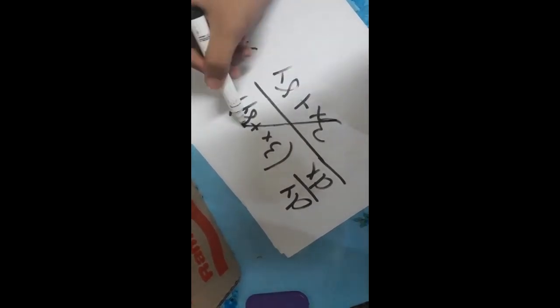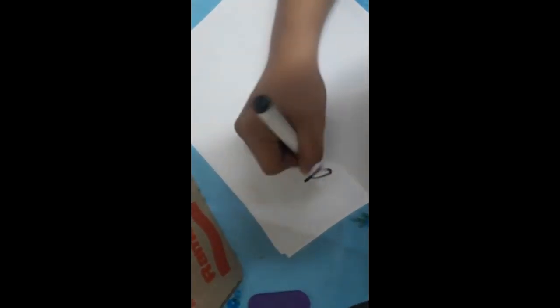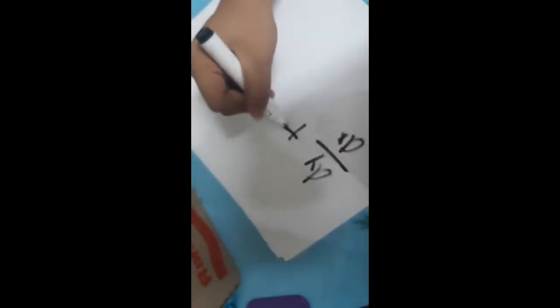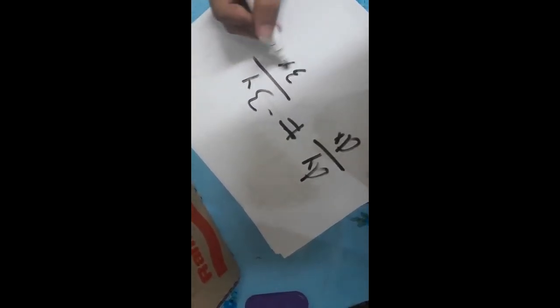So we will cancel this and we will have the answer: dy over dx is equal to negative 3y over 3x plus 8y. So there you have it. This is a simple example of implicit differentiation.